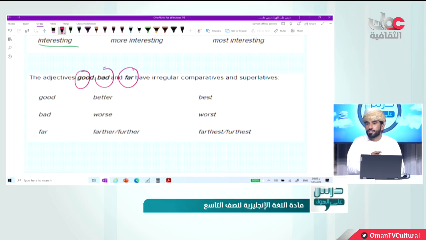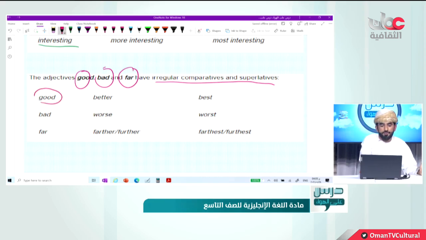The only three adjectives, good, bad and far, right? Do you remember the regular and irregular verbs? Like for example, go, we said went and then gone, and we say, for example, walk, walked, walked, regular. Again, good, bad, and far, they are irregular comparatives and superlatives. They change.